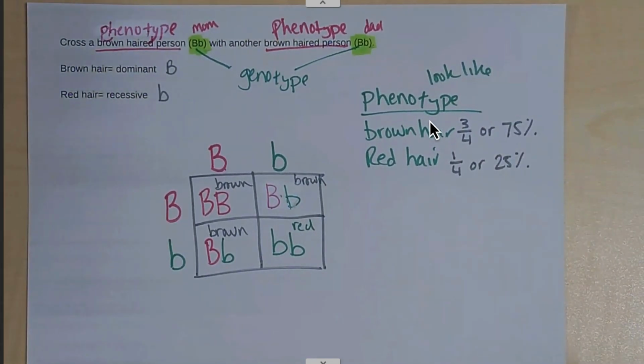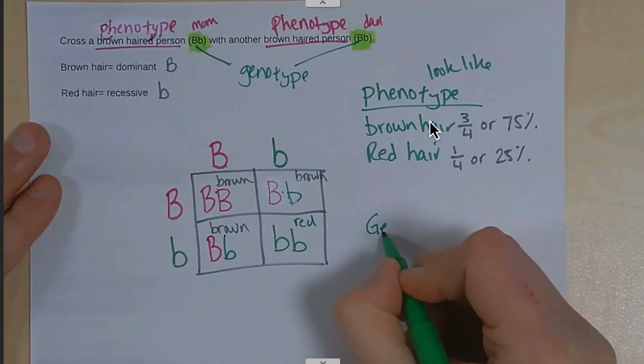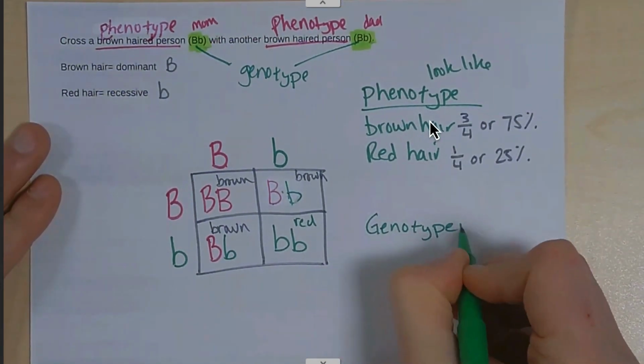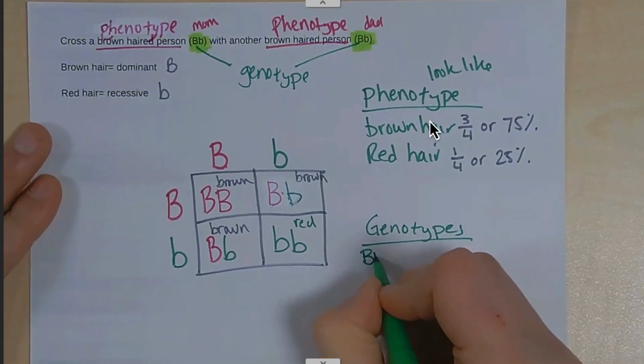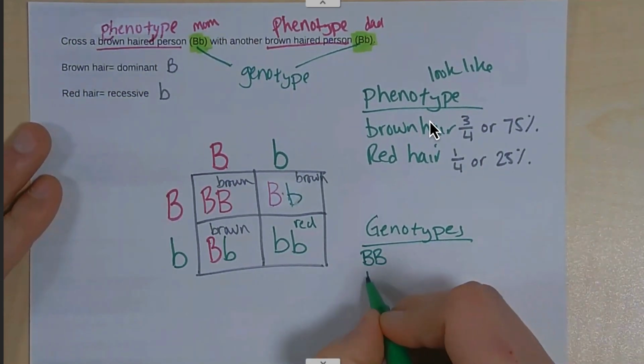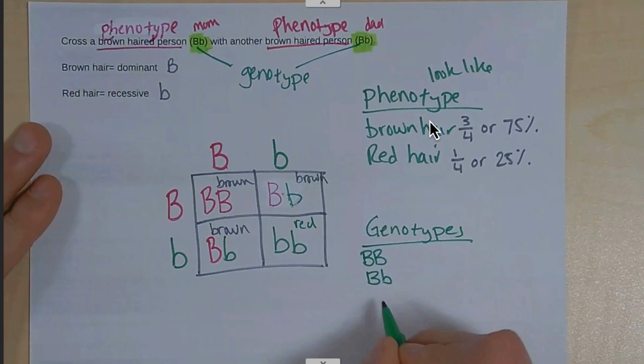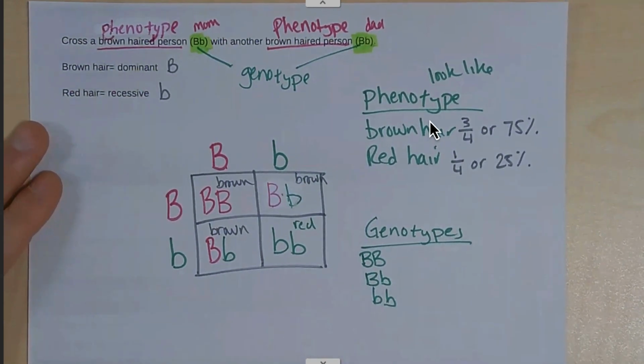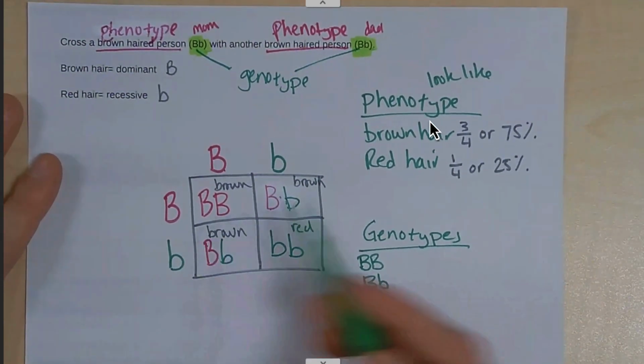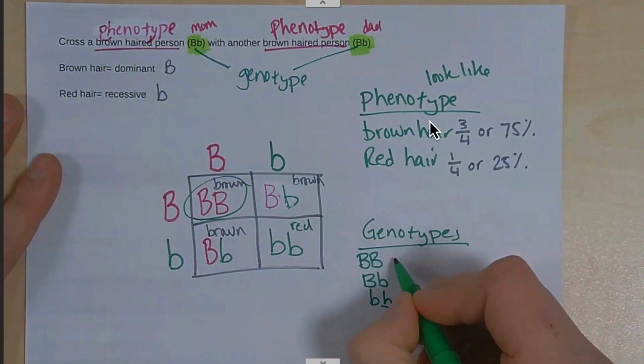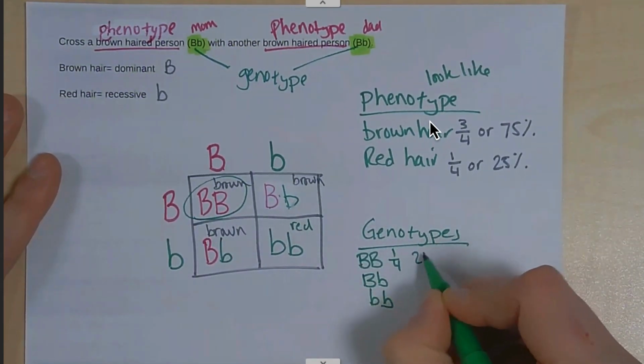Now let's get into their genetics. So what are their genetic combinations? So their genotypes. Well, I could have homozygous dominant, so big B, big B. I could have heterozygous, big B, little b, or I could have homozygous recessive, which is little b, little b. So I've got 1 out of 4, which is 25%.